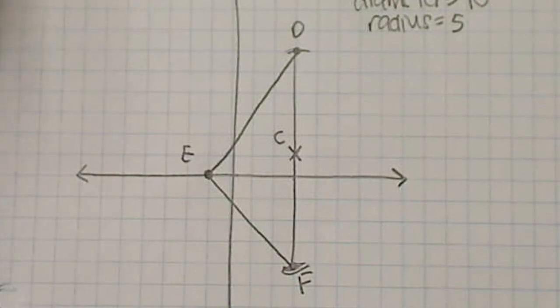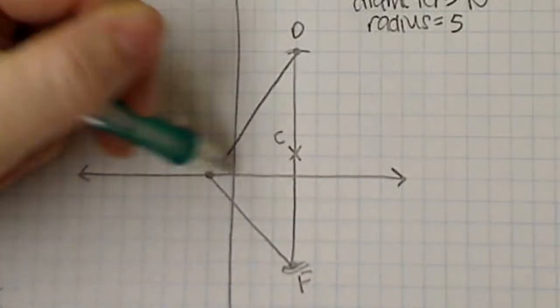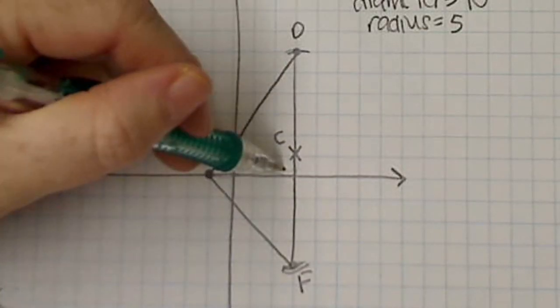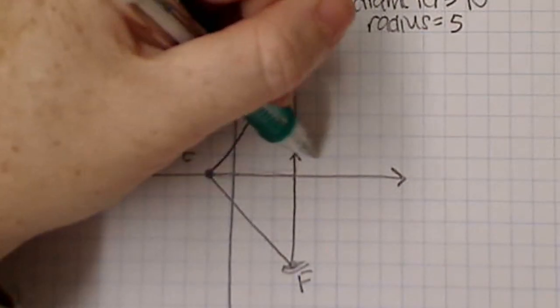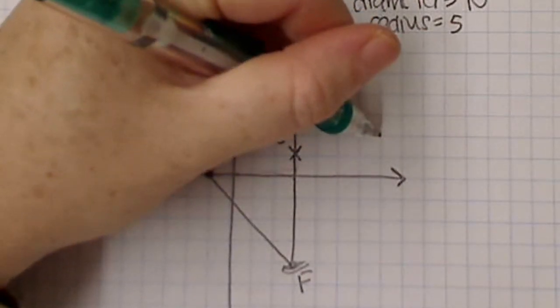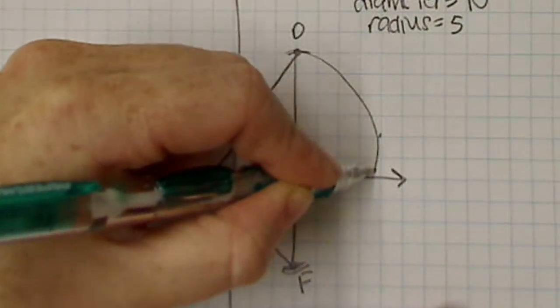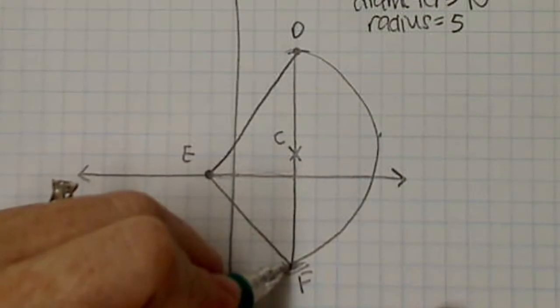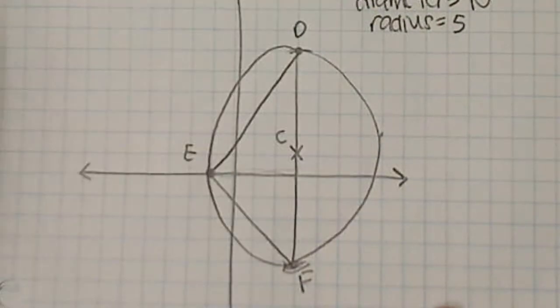Now it has to be equidistant. So I need to see this slope right here. 1, 2, 3, 4, and then down 1. We're going to go 1, 2, 3, 4, and then up 1. And we're going to kind of sketch this circle like that.